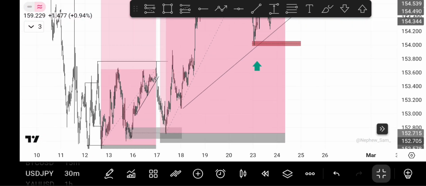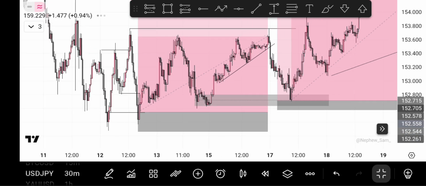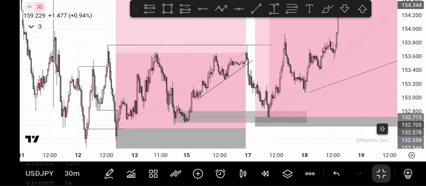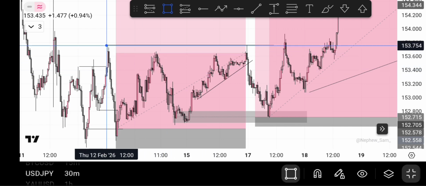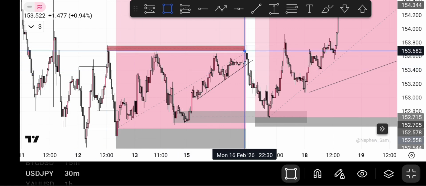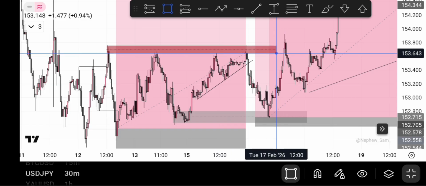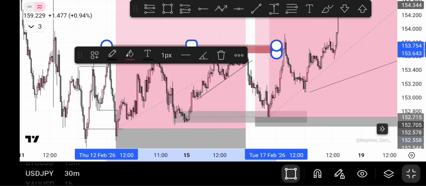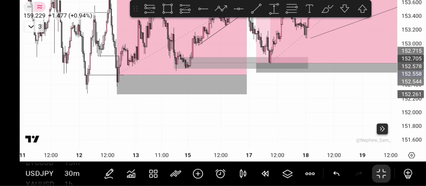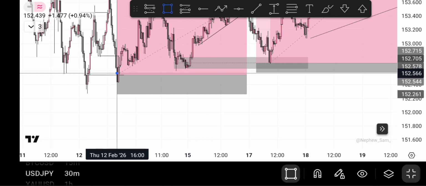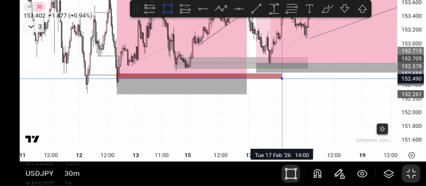If you look closely, let's take this as an example. This scenario now is a higher high, right? Now this is a low. This is a low right here.